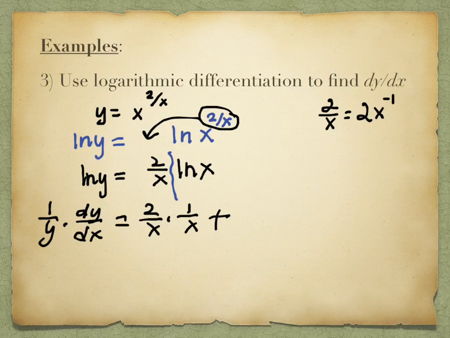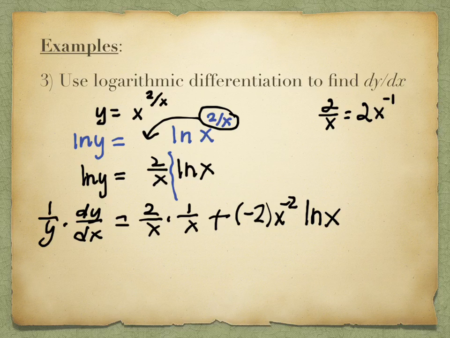Right, so 2 over x is the same as 2 times x to the negative 1. Okay, so this is kind of like my little scratch paper to the side, so it'll allow me to think, to write down the derivative. What is the derivative of 2x to the negative 1? Negative 2x to the negative 2. And then what? Times the natural log of x, times the other piece of the product.